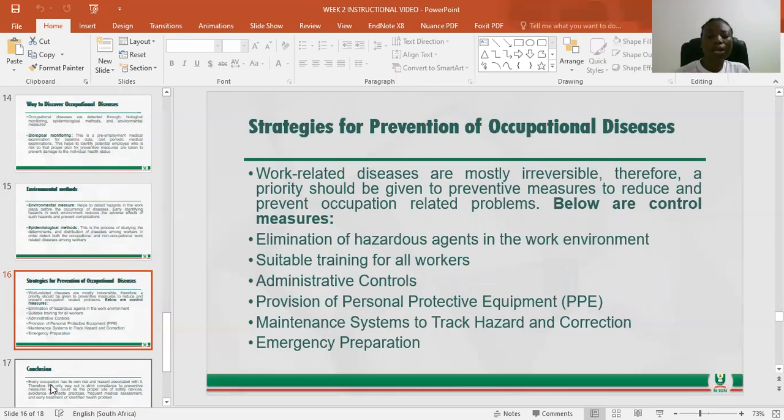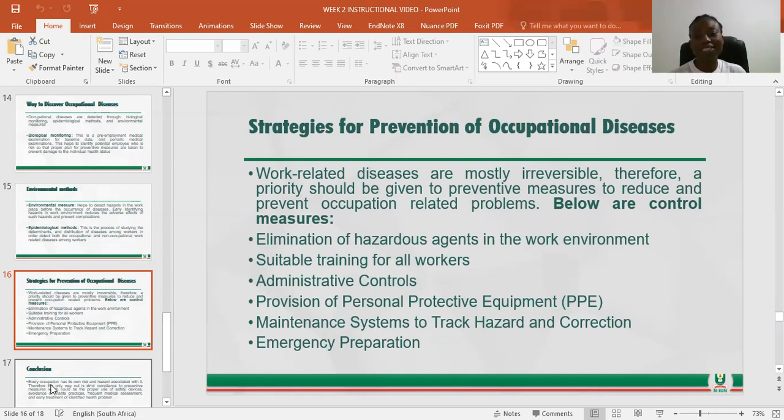And the last point I want us to look at is strategies for prevention of occupational disease. There are strategies that are taken in order to prevent occupational disease. One, work-related diseases are mostly irreversible, like someone that is dozing while operating a machine and accidentally puts his hand and the hand gets cut off.